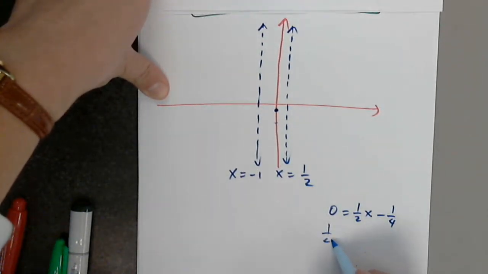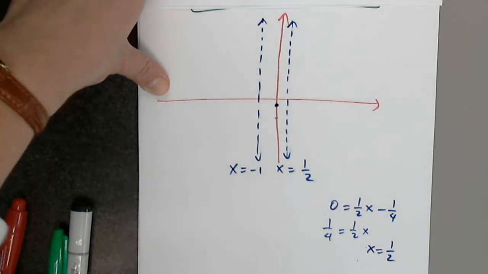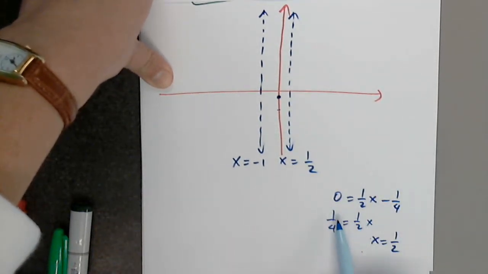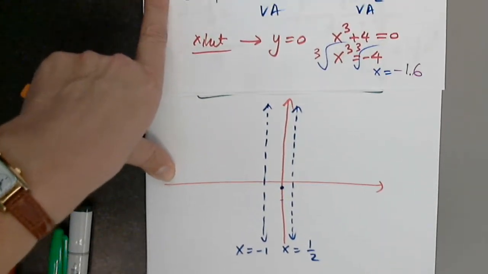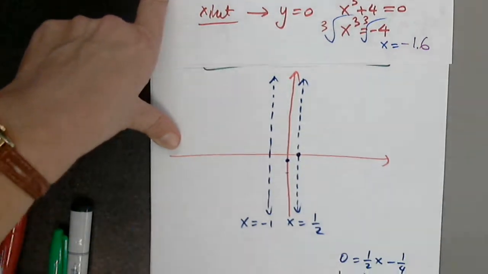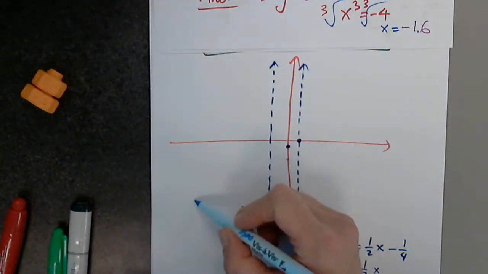I move 1/4 to the other side, and I multiply both sides by 2. So then x equals 1/2. Right? So I move this, multiply both sides by 2, and I get 2/4, which is 1/2. So 1/2, 0. It's right here. I have the points for the slant asymptote, and now I'm ready to graph the slant asymptote.